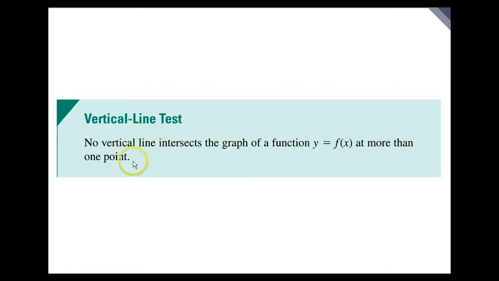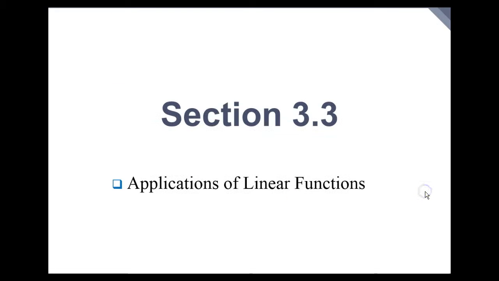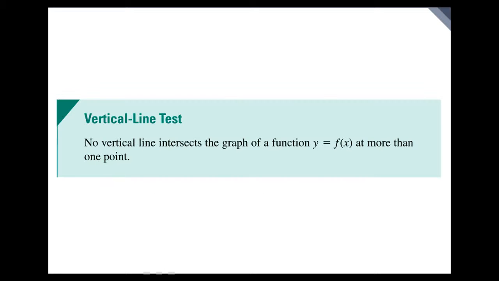And a test to determine whether something is a function or not is what is called the vertical line test. And let's go back here and give you some background.